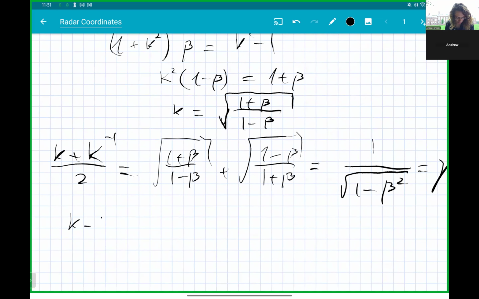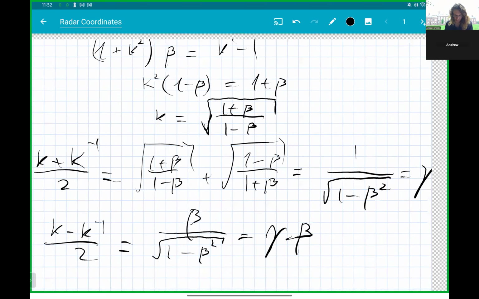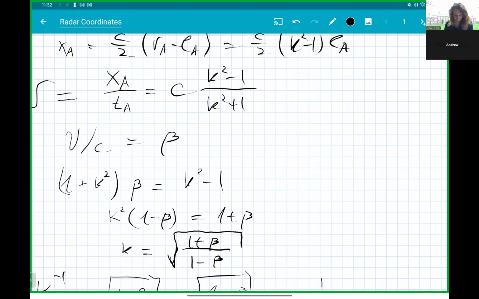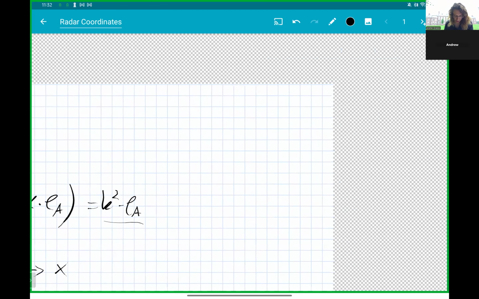And this is equal to gamma times beta. And therefore, our Lorentz transformations take the standard form.